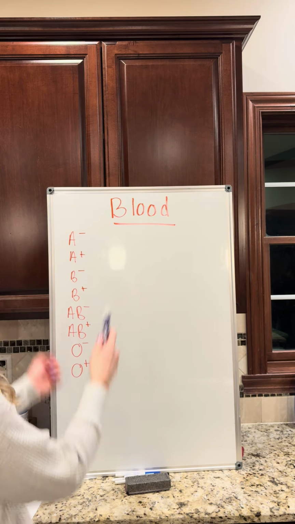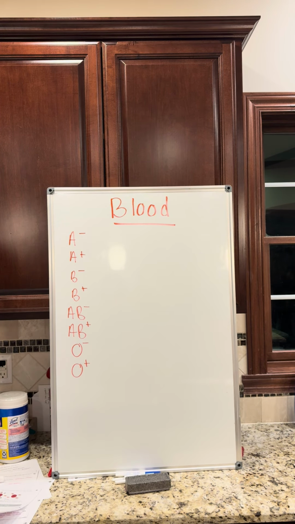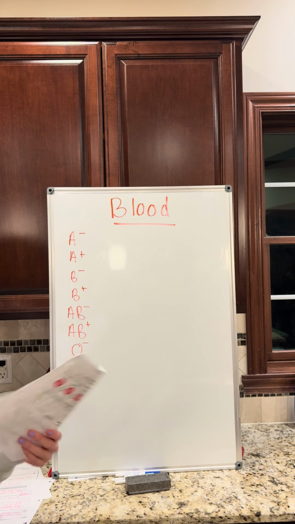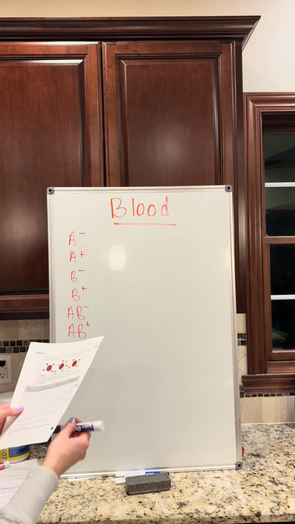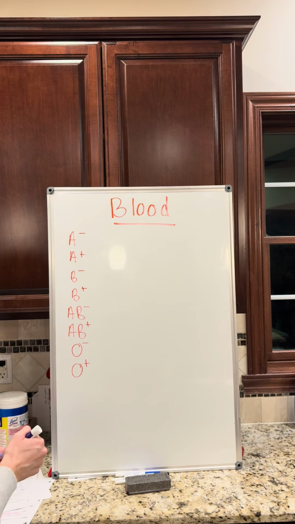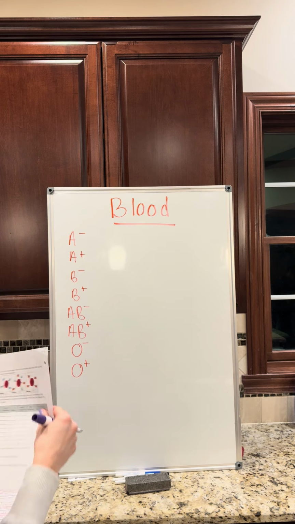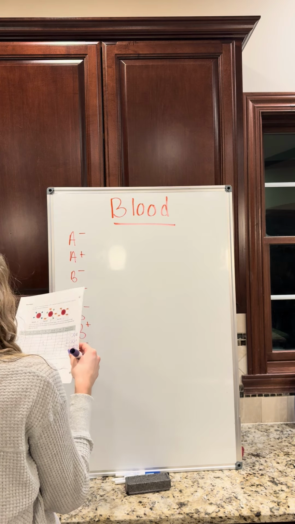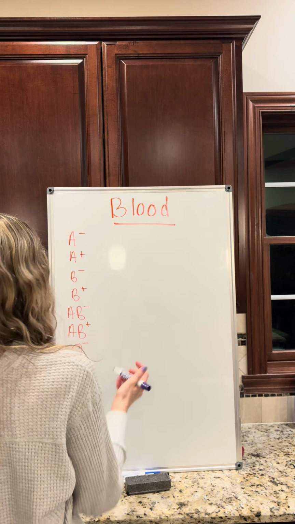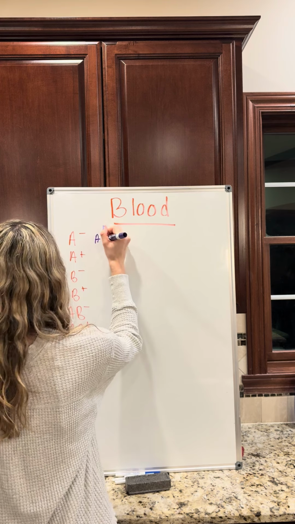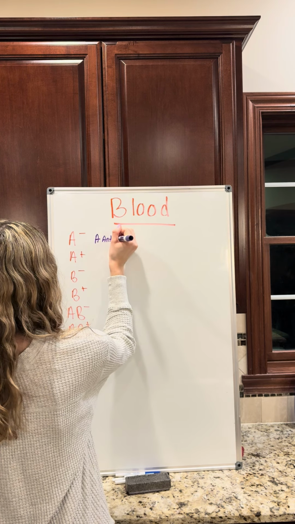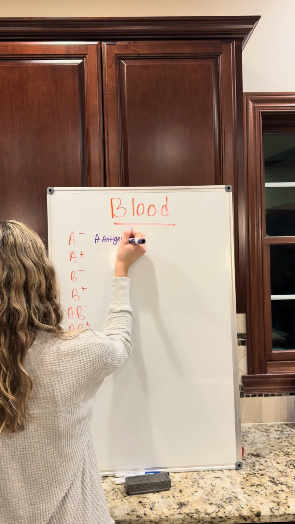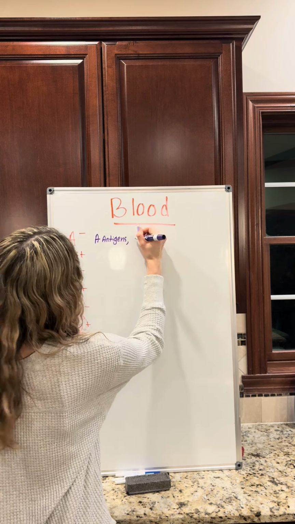Okay, so for all of these blood types, we are going to be deciding which ones have antigens of which type and antibodies, and overall what donor they can receive blood from. So for your A minus, you have A negative blood, you have A antigen, and anti-B antibodies.